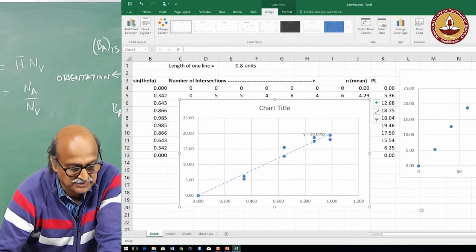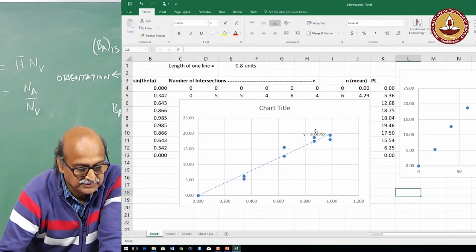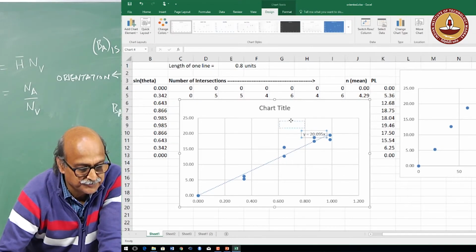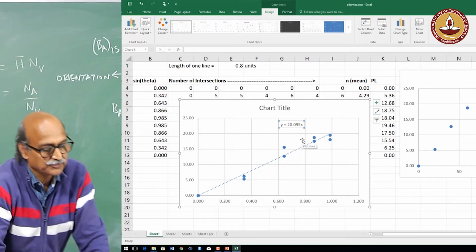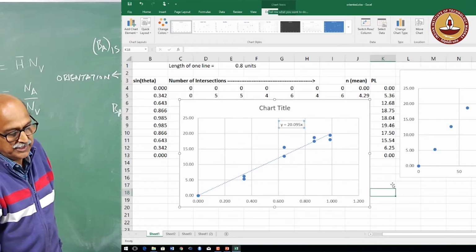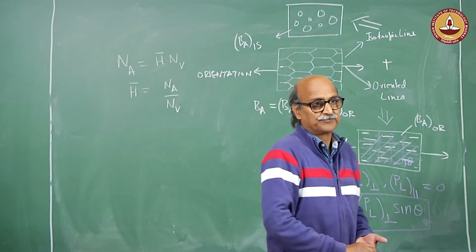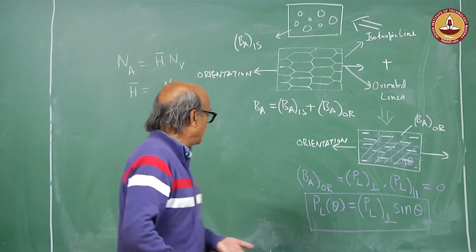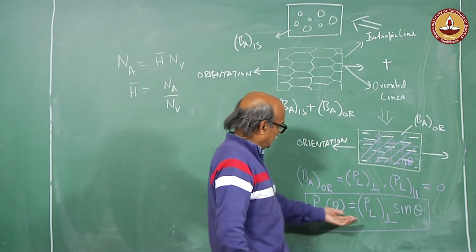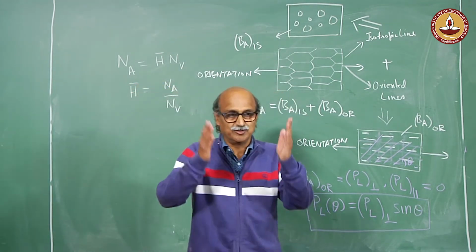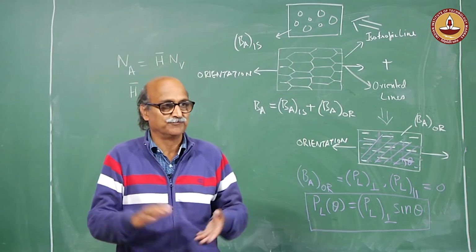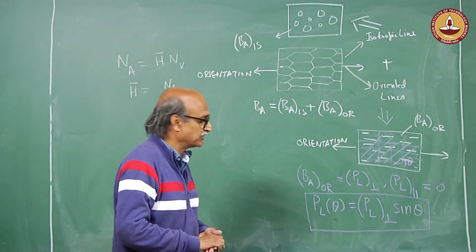So, this is the equation of the graph. This is giving me that the slope is 20.1. Okay. So, PL perpendicular should be 20.1. I could have directly measured PL perpendicular also, and it should come close to 20.1 for such a structure.